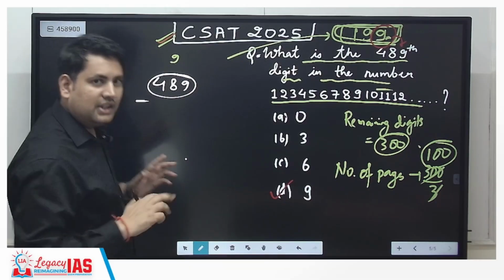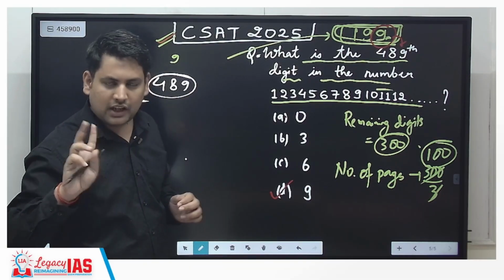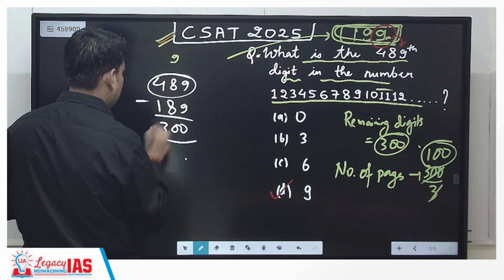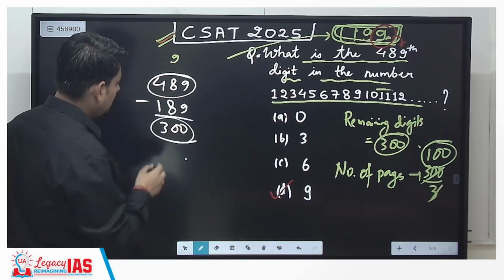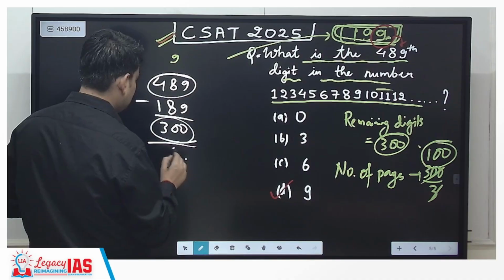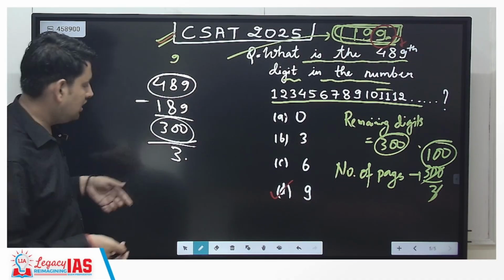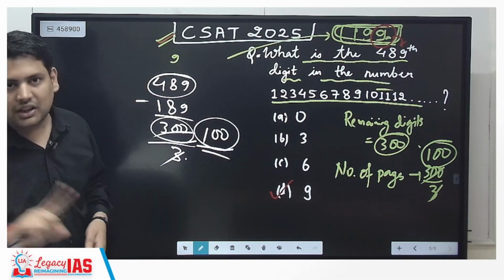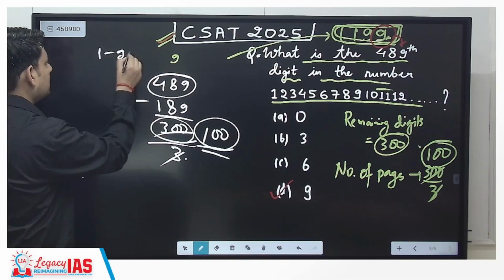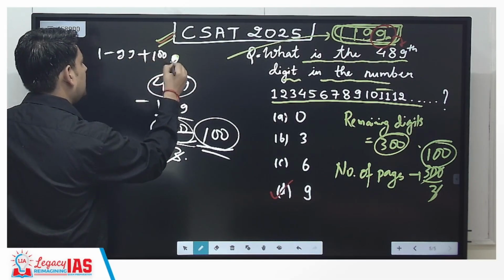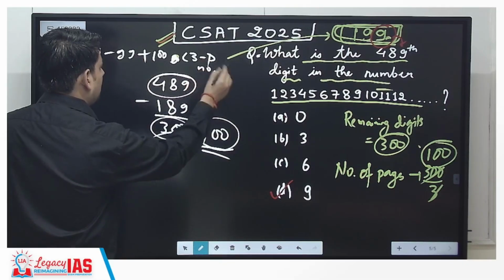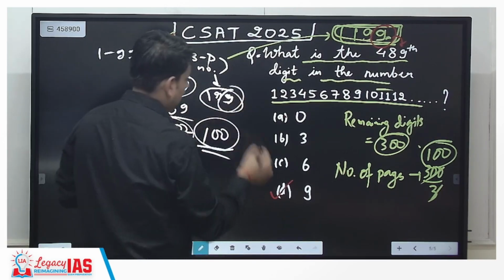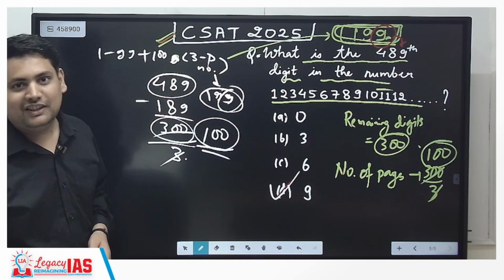The nearest number they remembered was 189, and 2889 is of course more than that. So first remove 189, and you get 300. Now 1 and 2 digit numbers were done, so 300 was left. 300 will have only 3 digit numbers making 300 digits. So they just divided it and got 100. So there are 100 3 digit numbers also. So 1 to 99 was done, plus 100 3 digit numbers, and they got to 199. They saw the last digit 9, tick, got it, came back home happy.